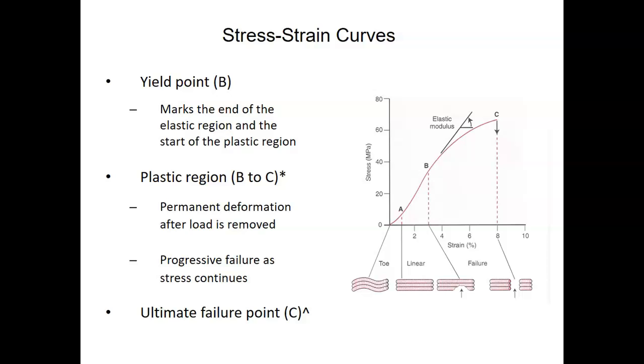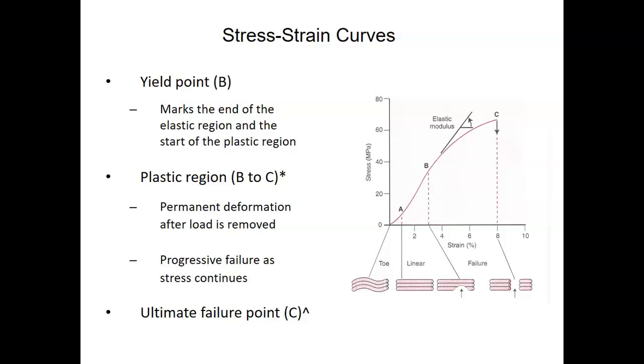There's a yield point at B where the elastic region ends and the plastic region starts, because now there's some change to that tissue that doesn't go back to where it was. There's a permanent change to that tissue. So after I take the load off, there's some damage there.